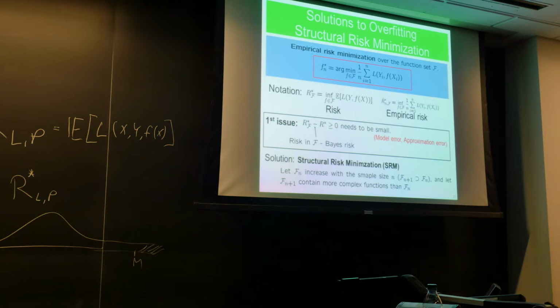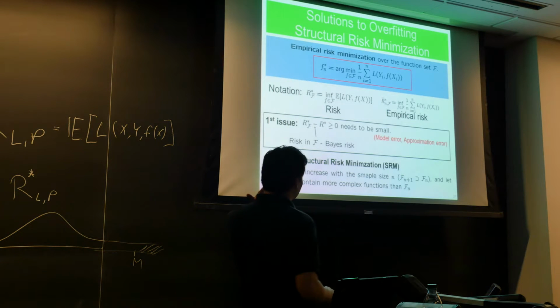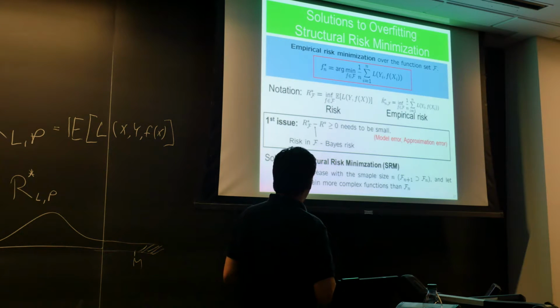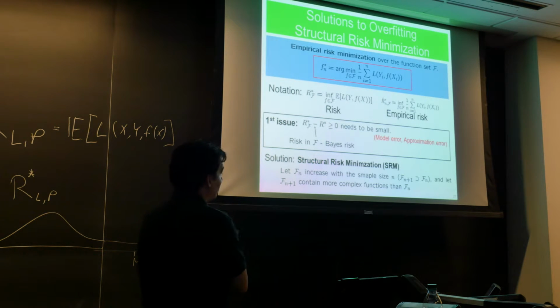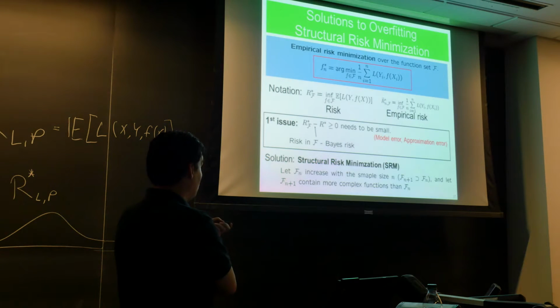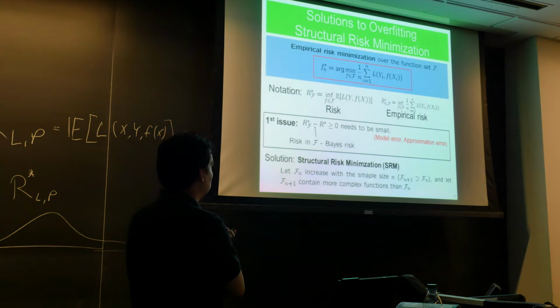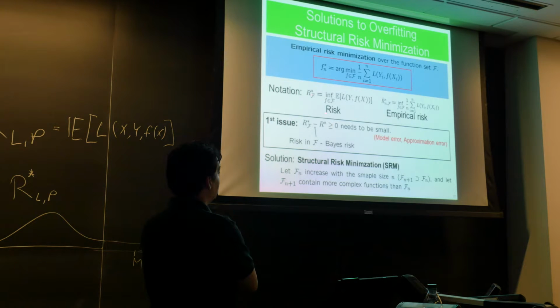I use n here to denote that in the training set I have n points, and I use F to show that I'm optimizing in this function class F. So this is my empirical risk, and this is the risk in this function class.